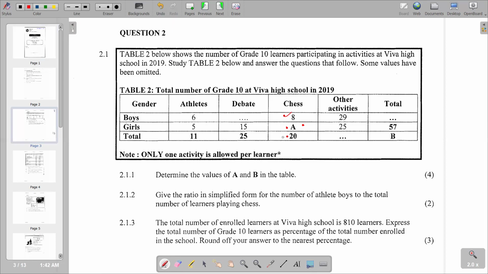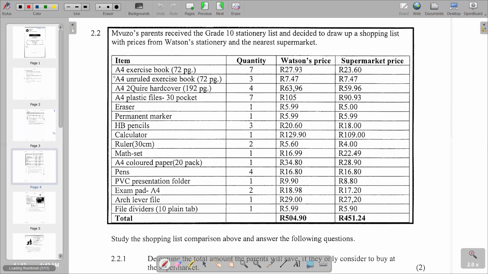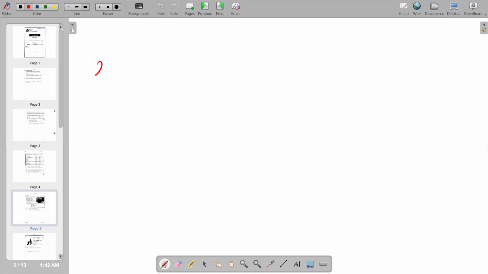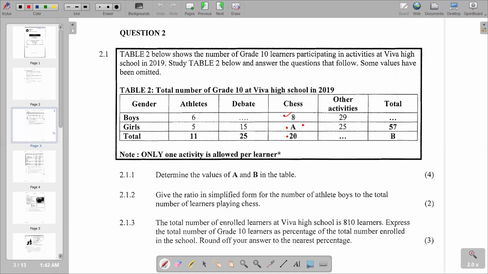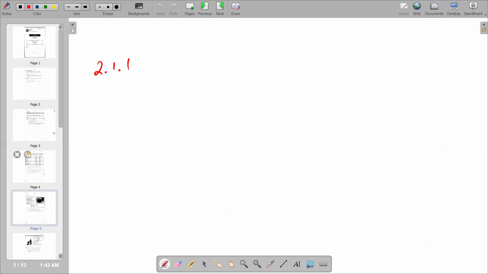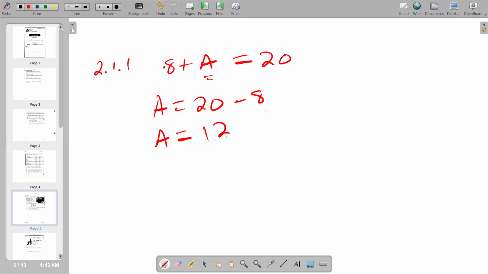So we can make A the subject of the formula and get the value of A. So 8 plus A is equal to 20. The value that we need is A, so A is equal to 20 minus 8, and you get 4. So A is equal to 4.